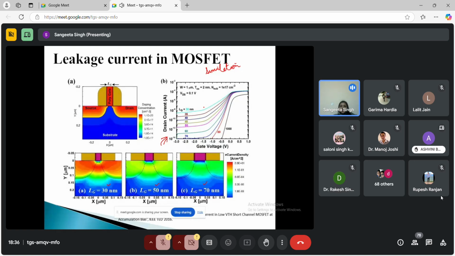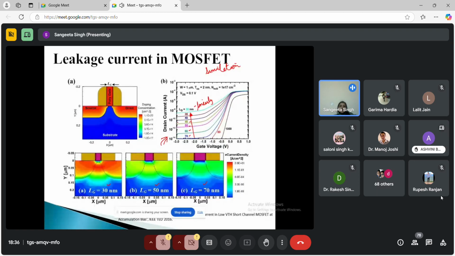So these small simulation exercises can be given to our UG students so that they learn these basic concepts of devices, right? Please see, they are plotting current ID versus VGS for 70 nanometer, 60 nanometer, 50 nanometer, 45 and 30 nanometer. The channel length is reducing linearly.